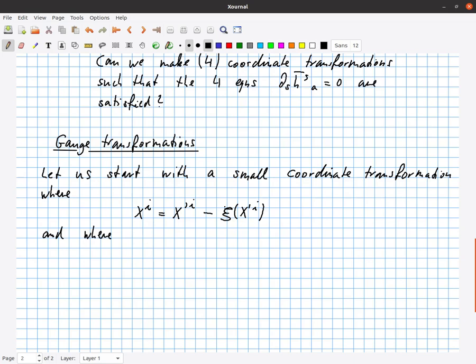And where I should really give this a different name here. This gets an i. Let's give this a k. Where the vector psi^i is assumed to be small at all points.